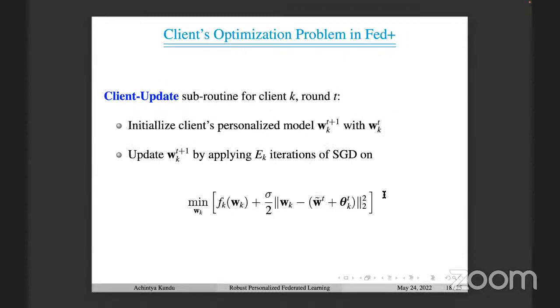Earlier we had the data-based client specific objective FK, and we wanted to regularize using the global model only. But here there is another term, a personalized part. You are not only regularizing with the global model, but each client is regularizing using a different model, which is a combination of the global model and a personalized component. So this is where the personalization comes in, based on the objective function that we have defined.